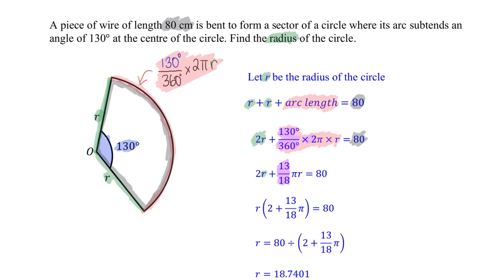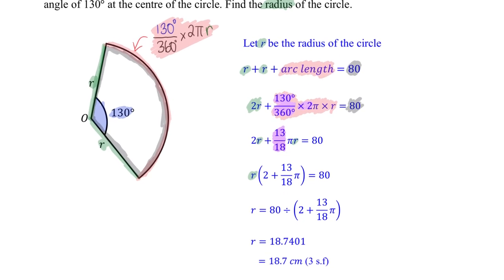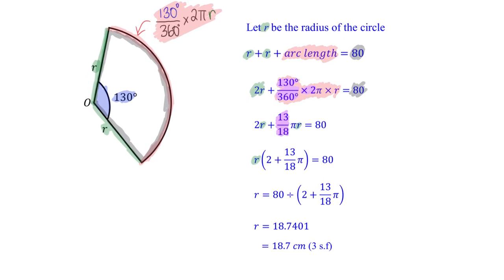I'm going to take r as the common factor and be left with 2 plus 13 over 18 pi. After which I'm going to divide by this bracket on both sides of the equation in order to get the final answer of 18.7 cm when rounded off to 3 significant figures.